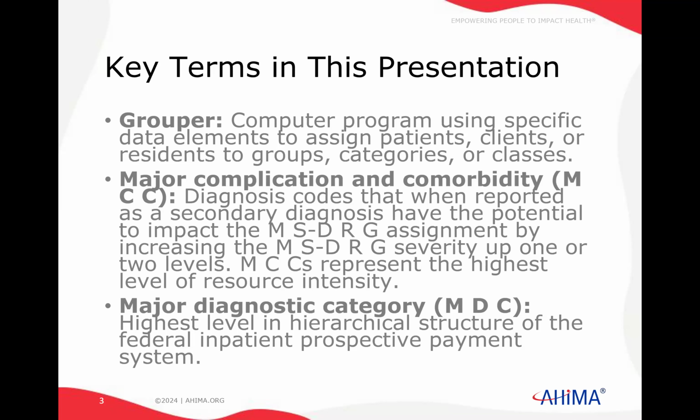And these are the more significant secondary diagnoses that affect the reimbursement. As you probably have gathered by now, the major diagnostic category, the MDC, is the highest level in the hierarchy of the MS-DRG inpatient prospective payment system.